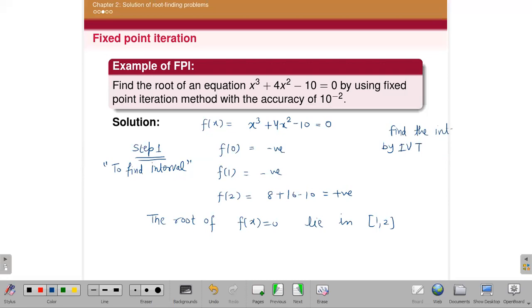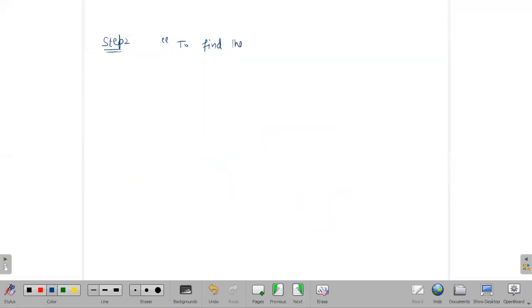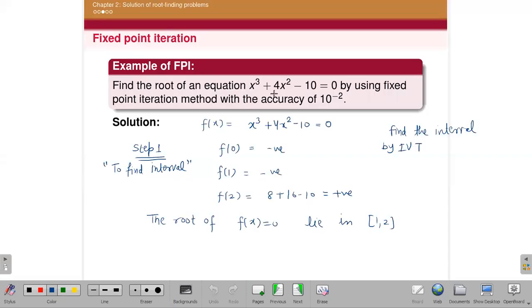Next is to find the appropriate g of x. So let us find the forms here. First of all, let us take our easiest one. I am taking this f of x is equal to 0. With the help of this f of x is equal to 0, we are making an x is equal to g of x type equation.